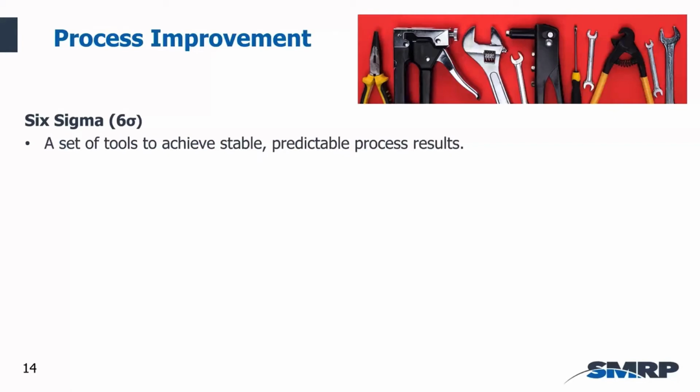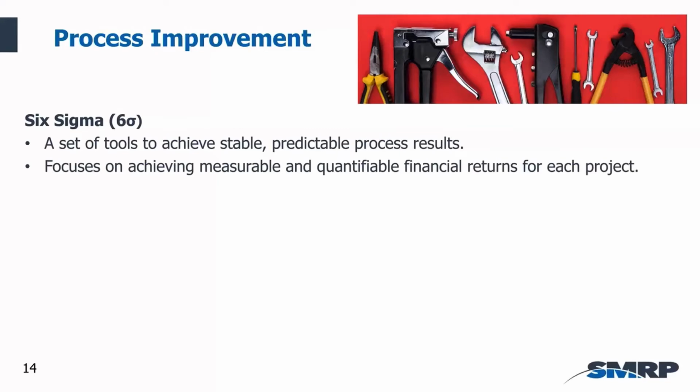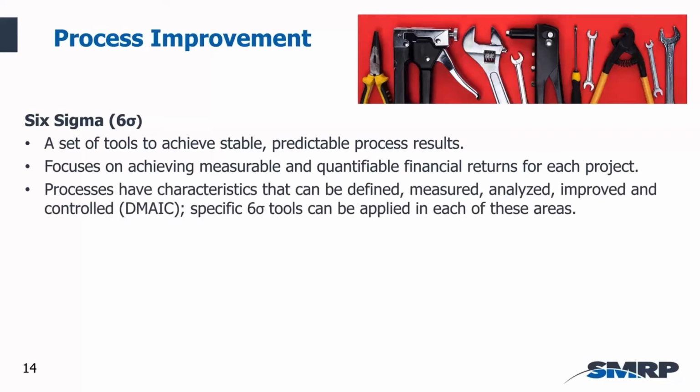Six Sigma. This is a set of tools to achieve stable, predictable process results. It focuses on achieving measurable and quantifiable financial returns for each project. Processes have characteristics that can be defined, measured, analyzed, improved, and controlled, what's known as DMAIC.